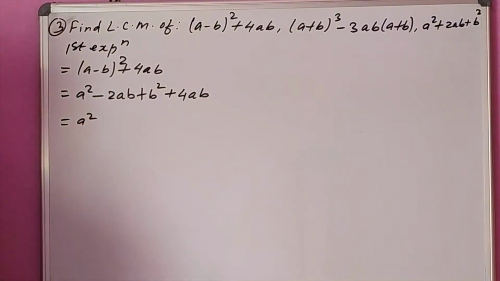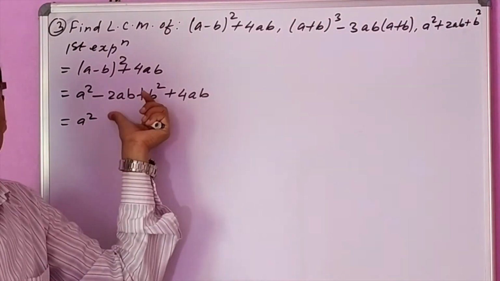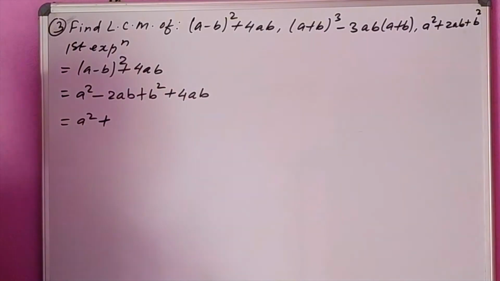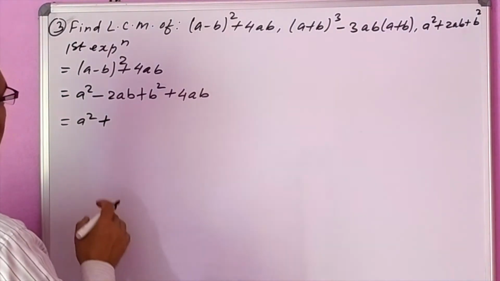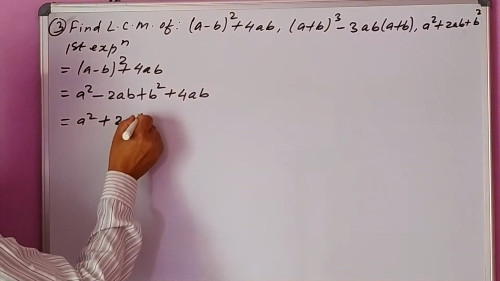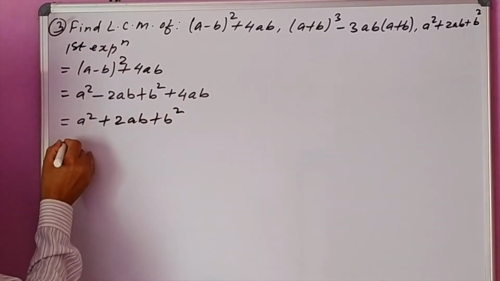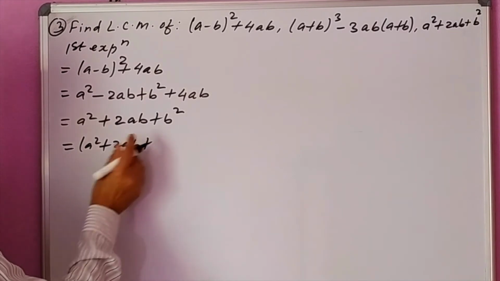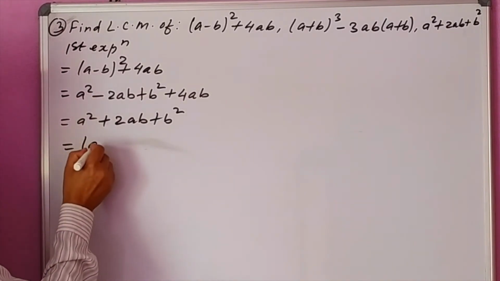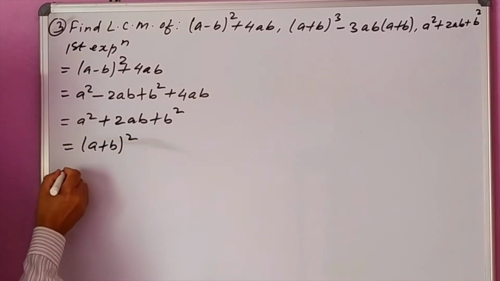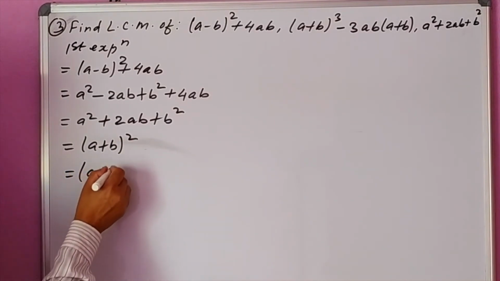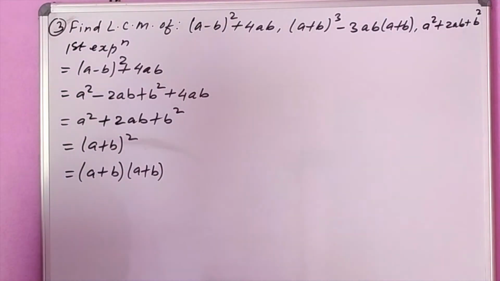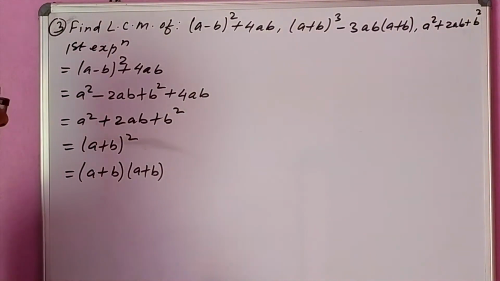Now A square, this plus 4AB minus 2AB gives plus 2AB. These are the like terms, plus 4AB and minus 2AB. They can be added together according to their sign. So it gives A square plus 2AB plus B square. And we know that A square plus 2AB plus B square is A plus B whole square. That is A plus B times A plus B.